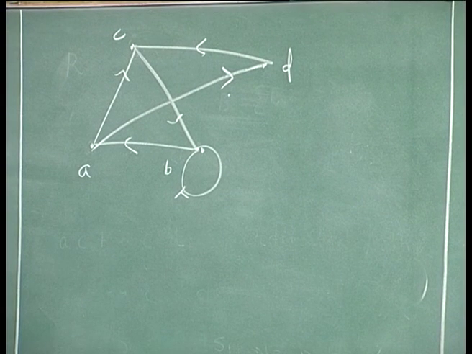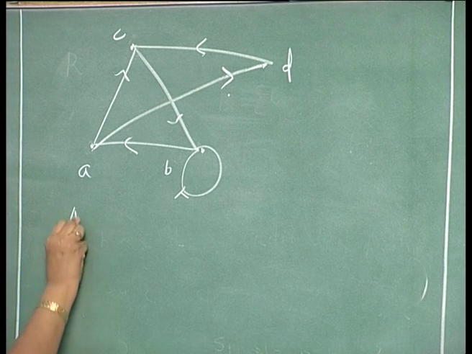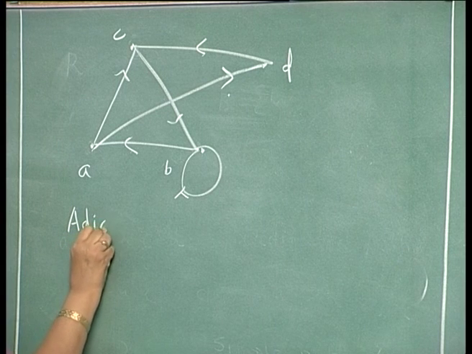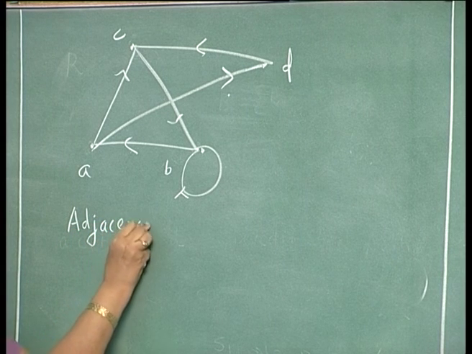How will you represent this graph when you look at it as a data structure? Graphs and trees, which are particular classes of graphs, are very useful as data structures. Now, there are several ways of representing them internally in the computer. One is known as the adjacency matrix.